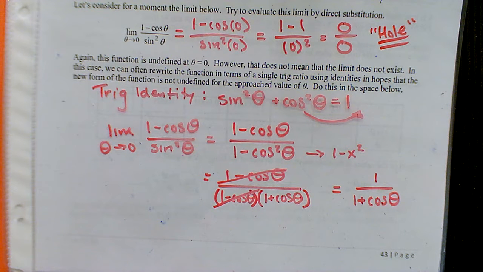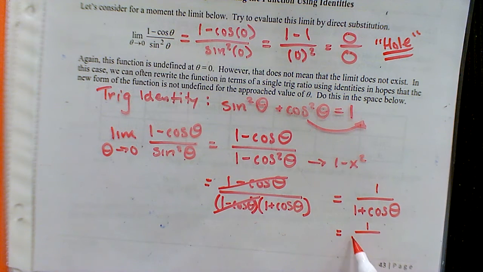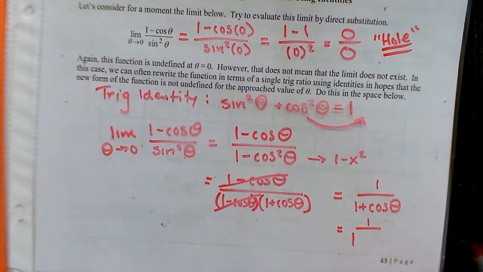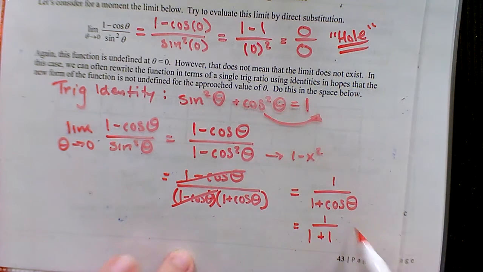So even though direct substitution initially didn't work because we got that whole 0 over 0, let's try to plug in 0 now to see if we get anything different. Okay, so if we plug in 0 for theta, cosine of 0, yeah, is 1. So looks like we're left with 1/2.